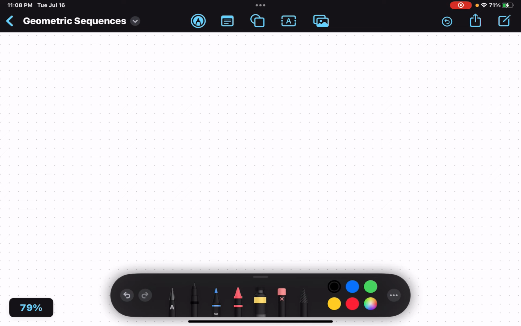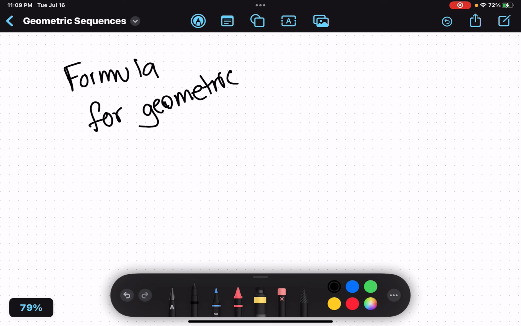Allow me one moment to pull it up. Okay, so the formula for a geometric series. Also, series and sequence are interchangeable. You will hear me say sequence and series, but just know that I mean the same thing.